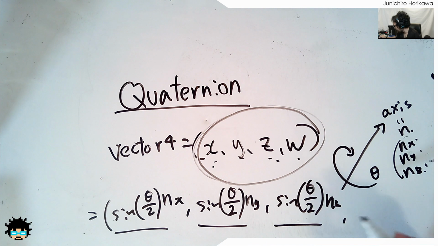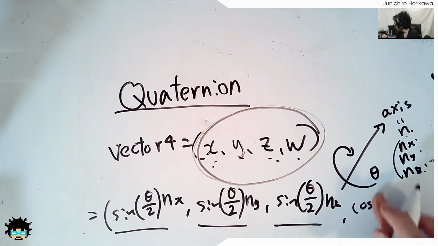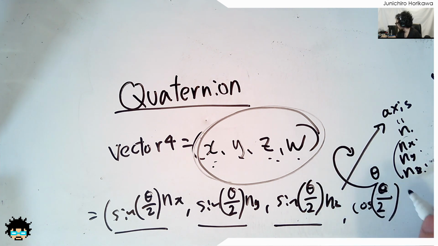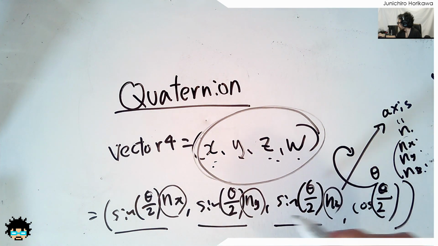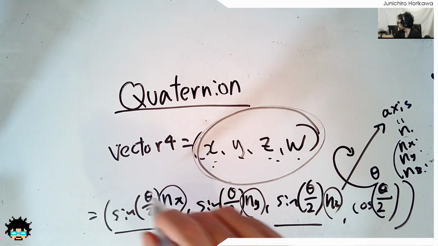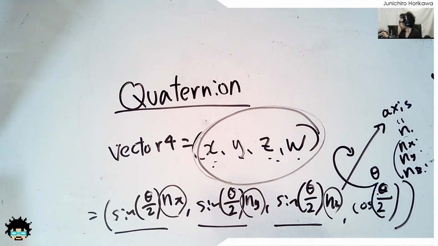And the last w value is expressed as cosine theta divided by 2, and that's it. So in those four numbers, it includes the information about the axis, which is this nx, ny, and nz, and theta, the angle value. And this is how you express this information with a quaternion with these four numbers.